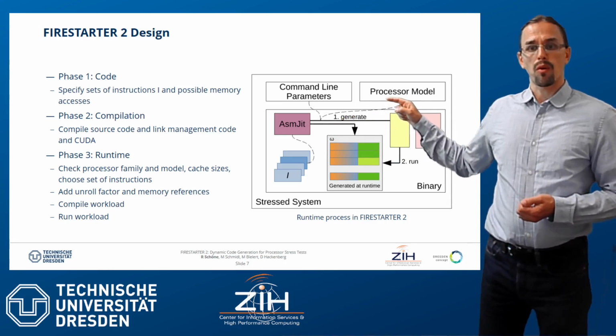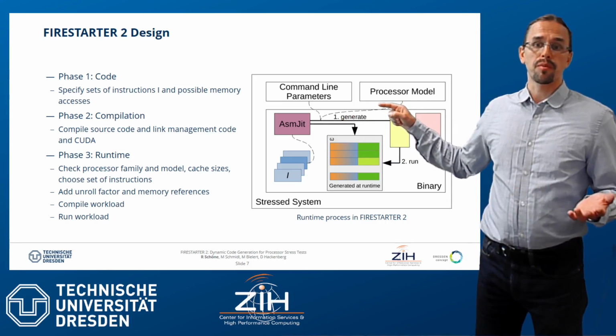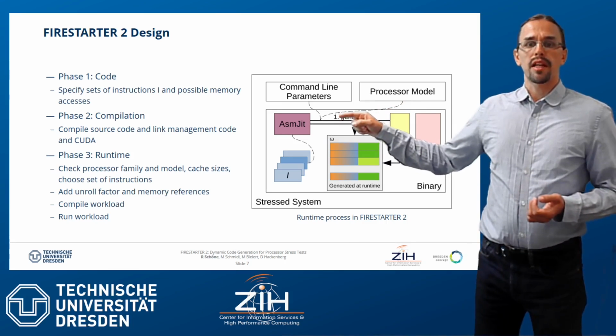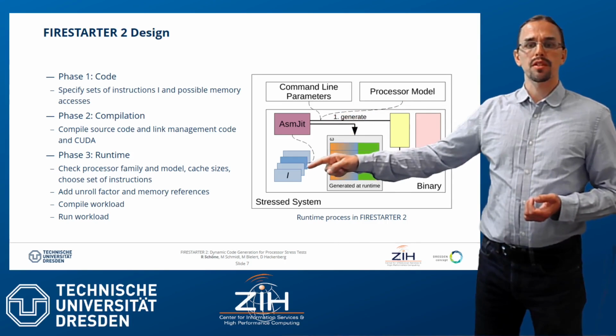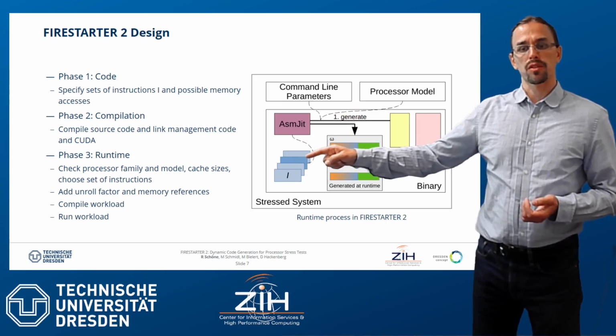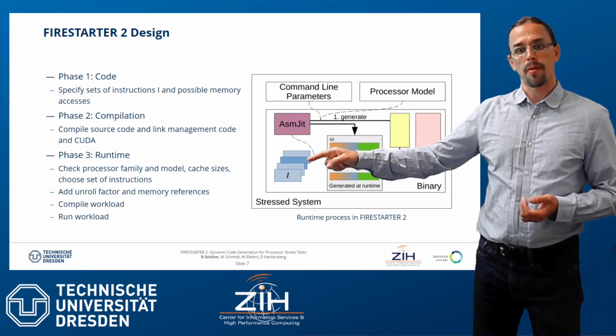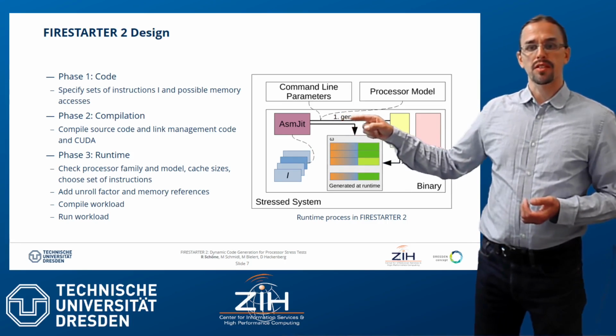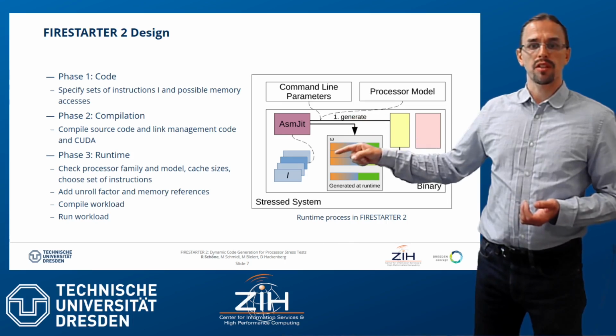So at runtime we also check the processor model, as we did in FIRESTARTER 1, and then we choose the instructions that we want to use to stress the backend. Then we'll check the size of the level 1 instruction cache and unroll it.